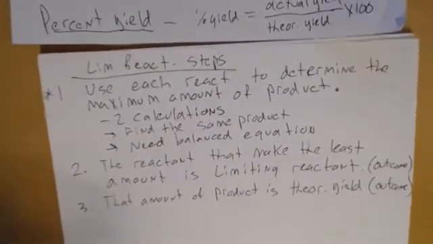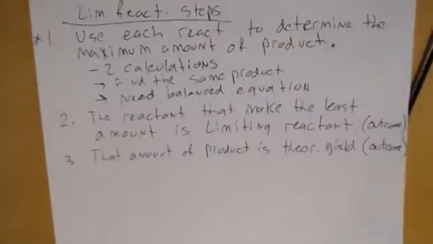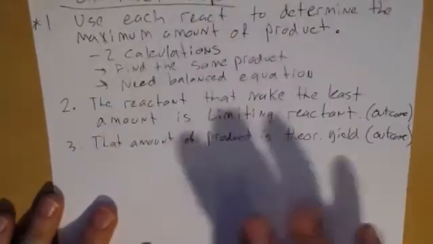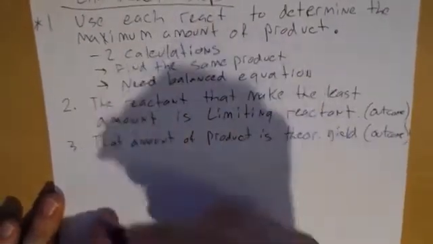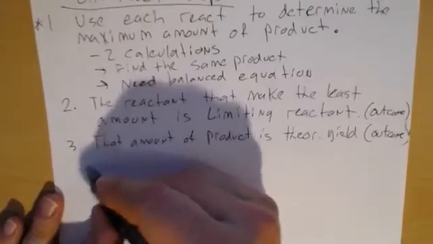Okay, so let's do an example. Instead of using the ammonia one, I'd like to use something that has 2 products, just so people don't get confused. It will help you on the homework. So let's take an example of an acid-base neutralization.